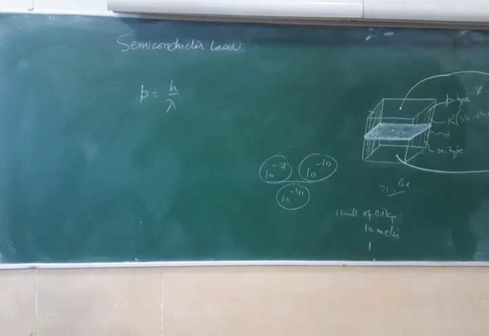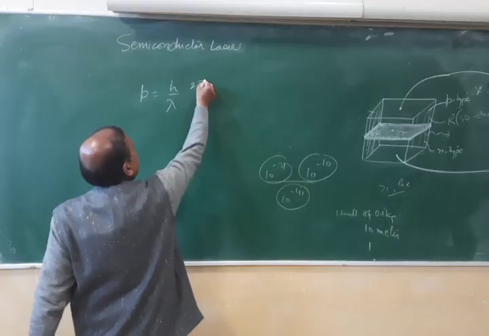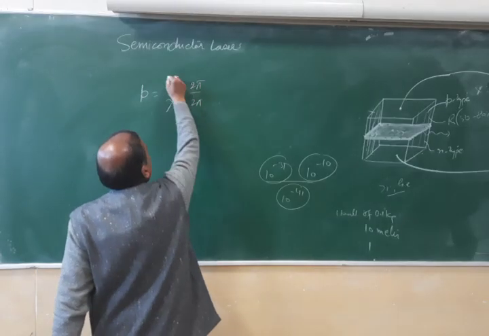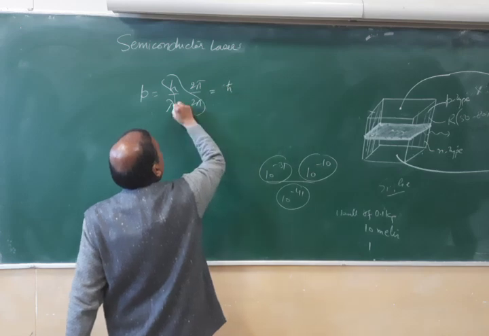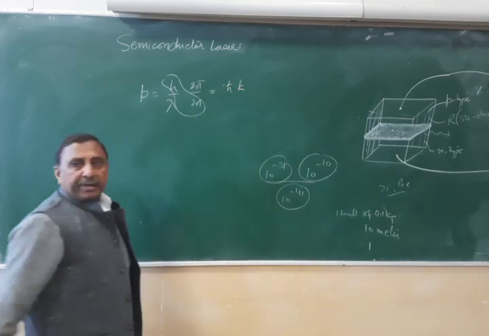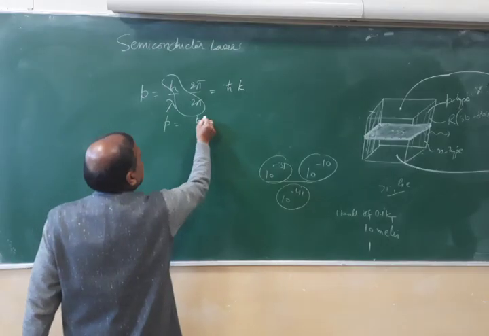Okay, and P equal to h by lambda relates the wave property to the particle property. The same relation holds for a photon and we apply the same relation to the electron too. So you have this relation and you write it like this with 2 pi. So h upon 2 pi you write h cross, and 2 pi by lambda we write k, the wave vector. Okay, so we have here P equal to h cross k.